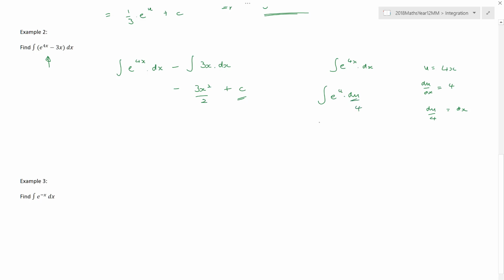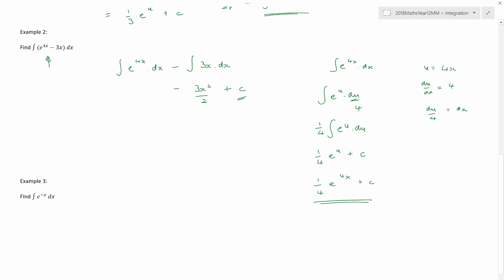The fraction moves outside, e to the u du, and we like the integral of e to the u because it just happens to be e to the u, so that becomes 1/4 e to the u plus c, but I don't want it in terms of u, I want it e to the 4x plus c. And there is my final answer.